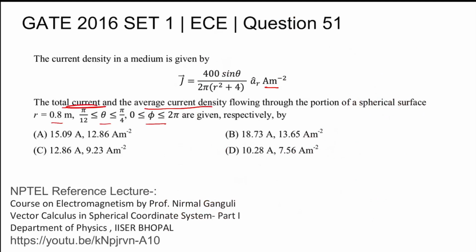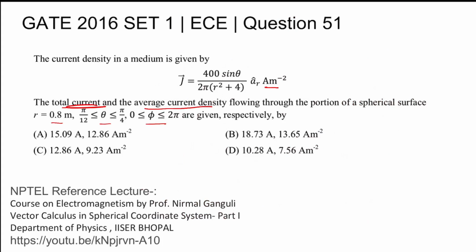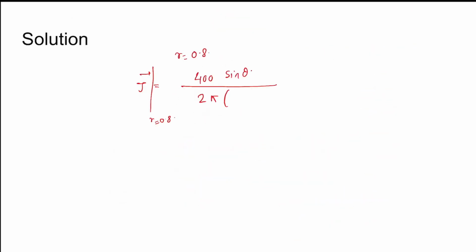So now coming to the question, it is given that r equals 0.8, so r becomes fixed. Now the current density J vector at r equal to 0.8 can be written as 400 sin theta by 2 pi into (r square plus 4). Here r square means 0.8 square, so 0.64, so 0.64 plus 4.